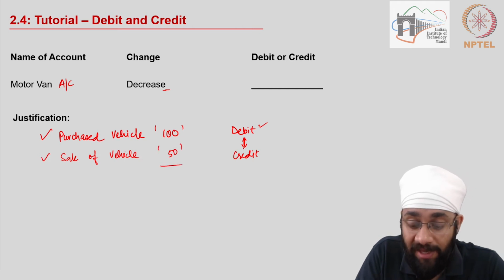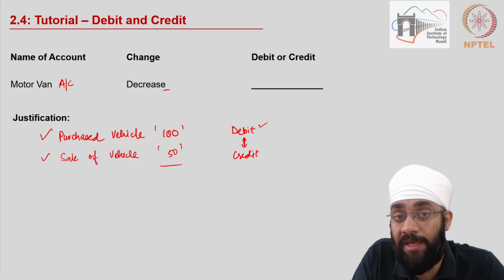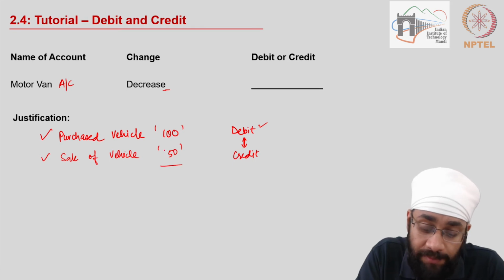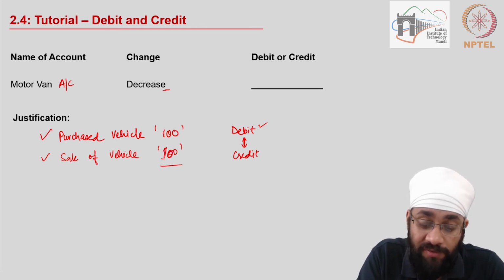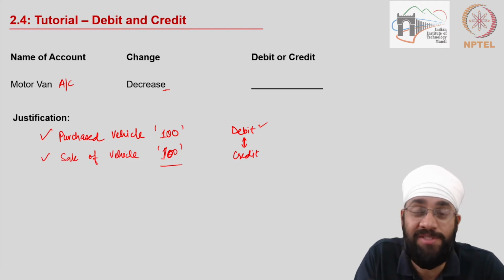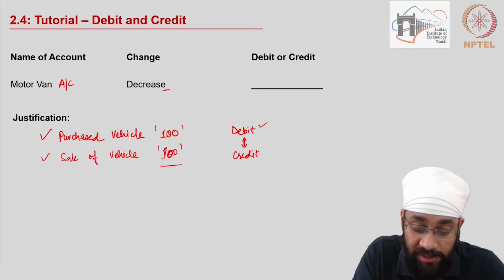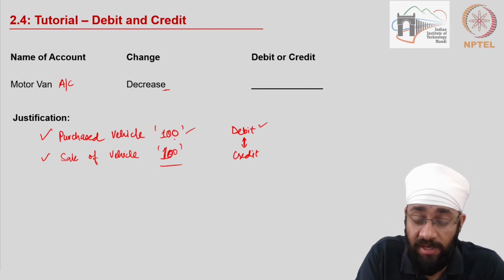So you sell the vehicle for whatever, 50, but effectively what is happening is you are reducing the value of the vehicle. And if you want to keep it simple, let's say keep it 100, because then there is the whole question of the value going down and what price you are selling. We'll deal with those advanced questions a little bit later in the course. Let us say that you bought it for 100 and next day you sell it at 100.